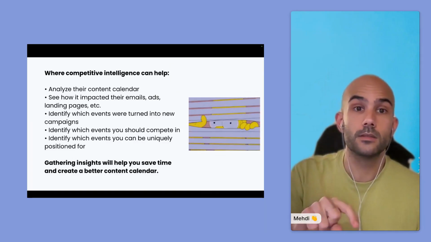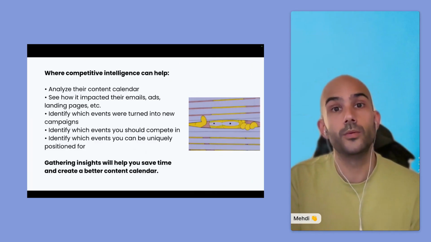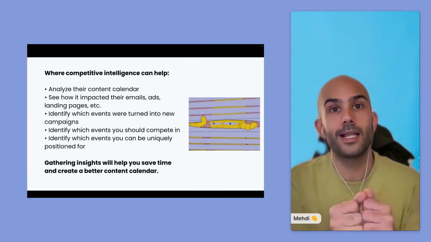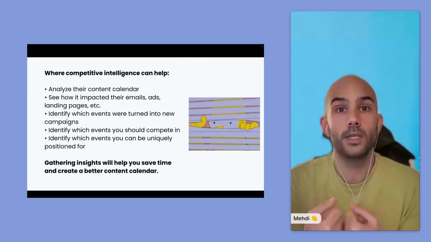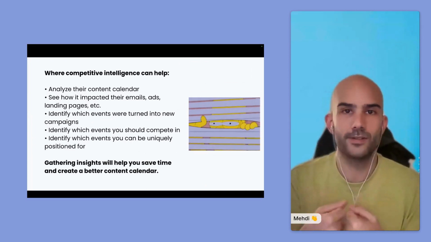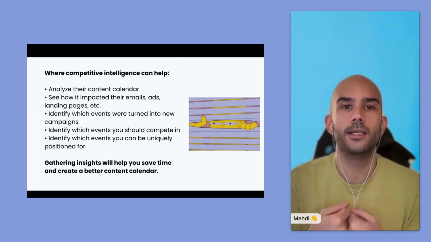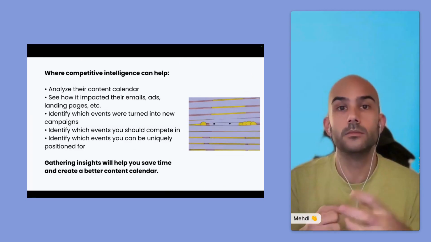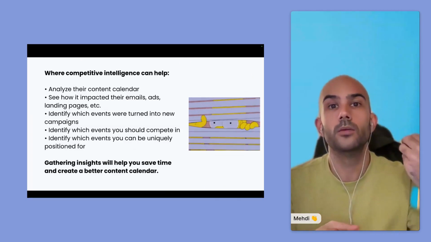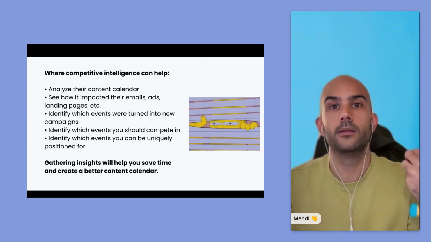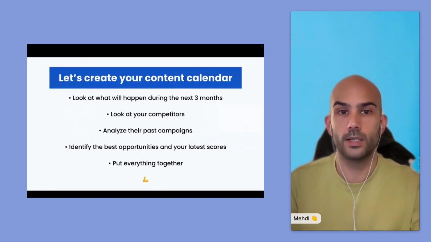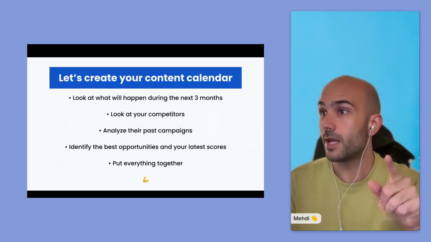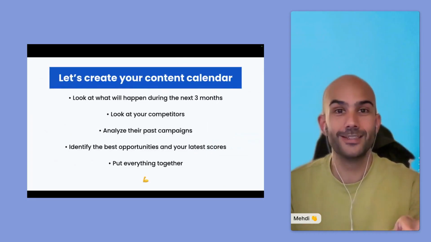You'll see which events were turned into new campaigns that last a bit in time, which events you should compete in with them, and which events you can be uniquely positioned for. By gathering insight, you will save time and it will help you create a better content calendar as well. So, 5 simple steps, as we've seen together.